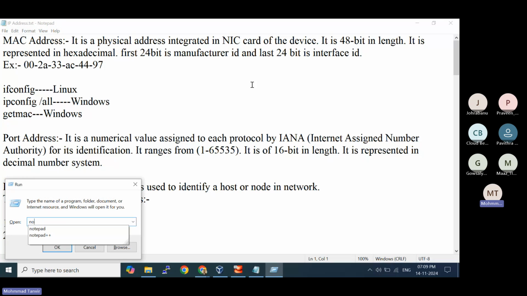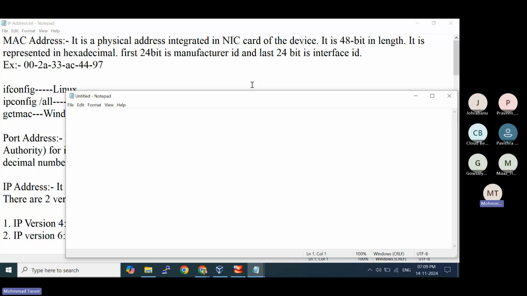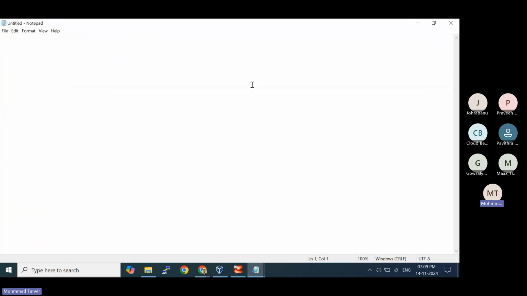When we talk about number systems, there are four types available. One is decimal, which we use day to day. That is also known as base 10, and the decimal number system goes from 0 to 9. Next we have hexadecimal, which is referred to as base 16.